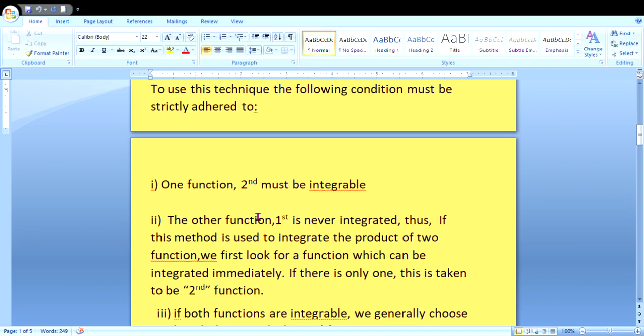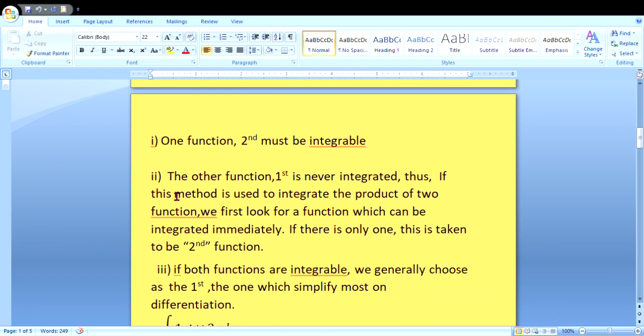There are occasions where the two might be integrable, but there are also occasions when one will be integrable and the other one will not be integrable. So you choose the second function as the one that is integrable. The second condition is that the other function, which is the first, is never integrable.